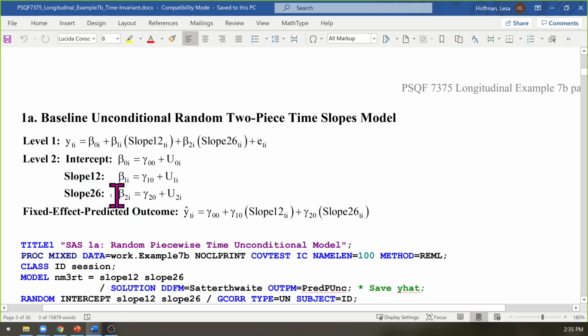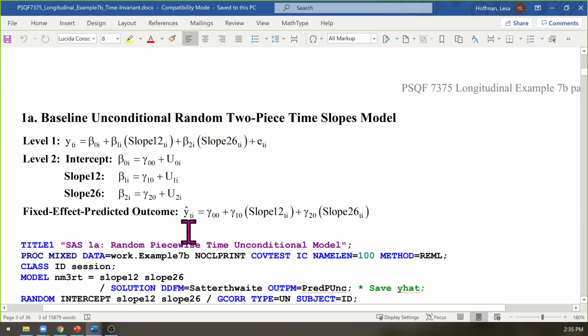Beta 1 is predicting the change from session 1 to 2, and beta 2 is predicting the change from sessions 2 to 6. Each of these betas is structured similarly with a fixed effect first, which is whatever that term is on average in this sample, and then a U random effect for each person's deviation to get to what their value should be. So how far off from average they are in their intercept, slope 1, 2, and slope 2, 6.